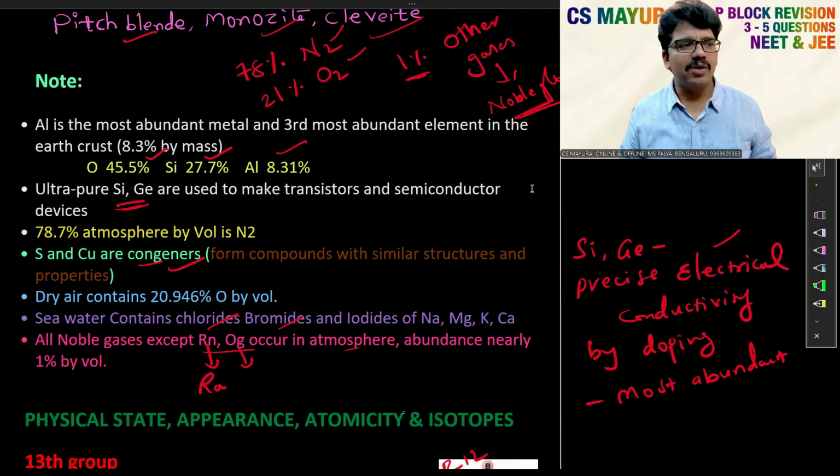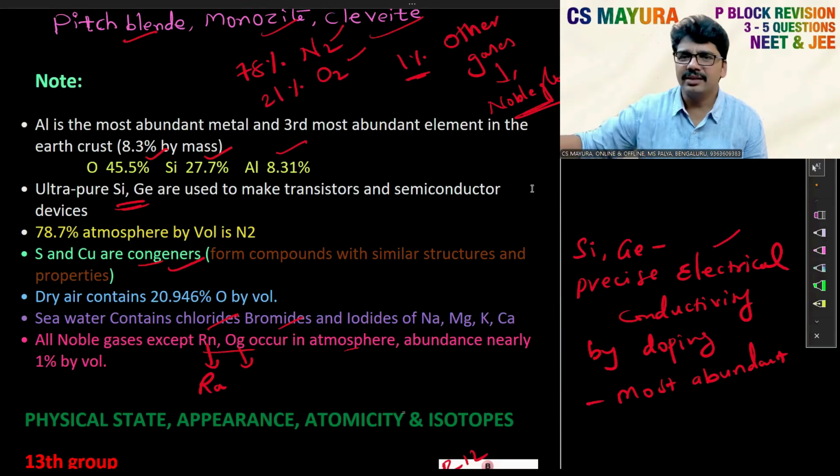Next, ultra pure silicon and germanium are used as semiconductors and transistors. Why only silicon and germanium, and not other elements? There are two important reasons. One, we can use these two elements to get precise electrical conductivity, not very high, not very low.